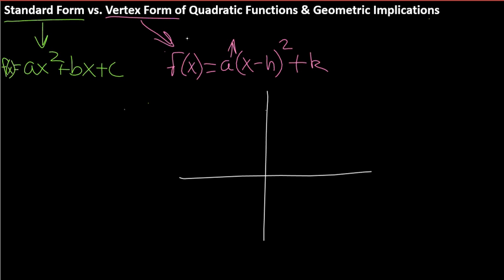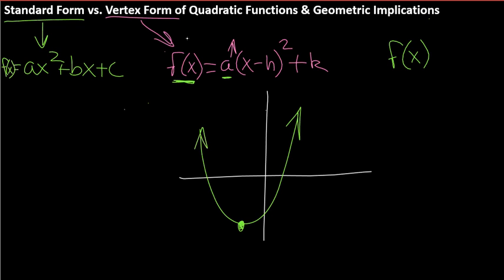Okay, so let's say I had a parabola like so. How do we know which way it's going? It depends on two things. If you have a quadratic function, that is a function of x, meaning x is the independent variable, that means it's either going to open up or down.